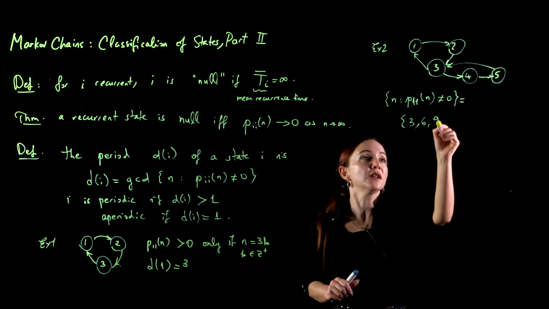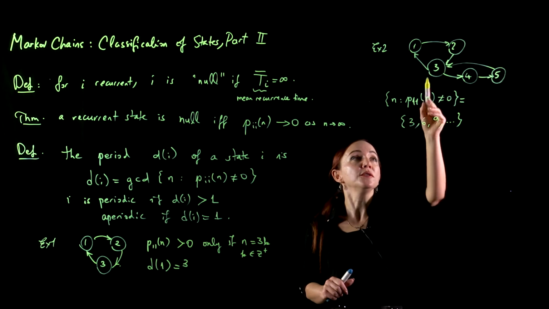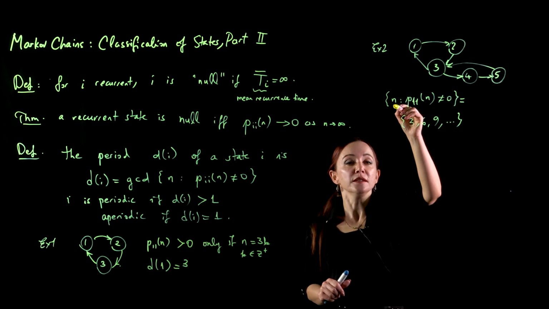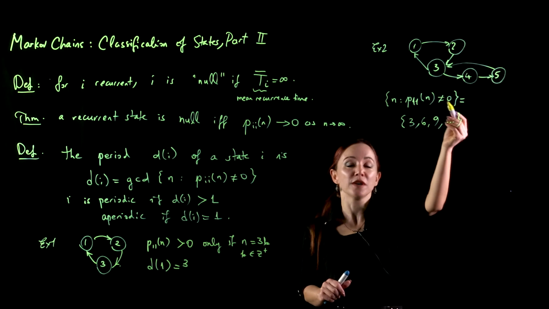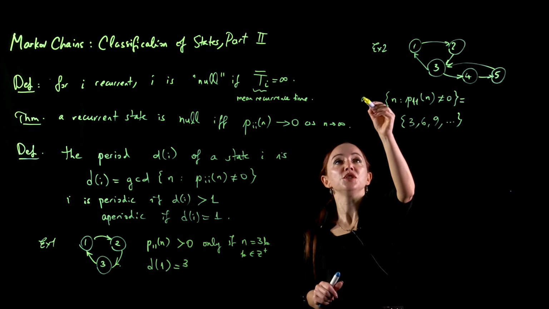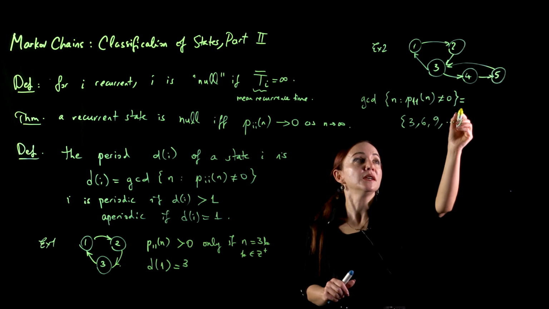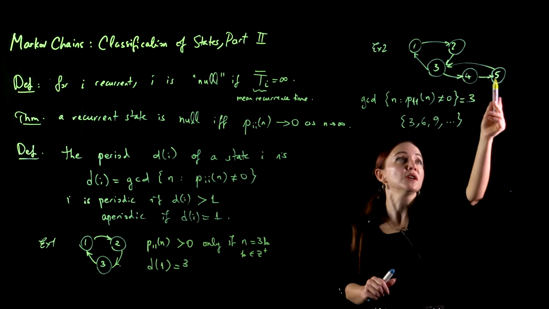So 3, 6, 9, etc. So apparently here the greatest common divisor of values of n for which p_11 of n is non-zero is 3. Okay, so let's say the GCD of these things is 3. Let's focus on state 5.